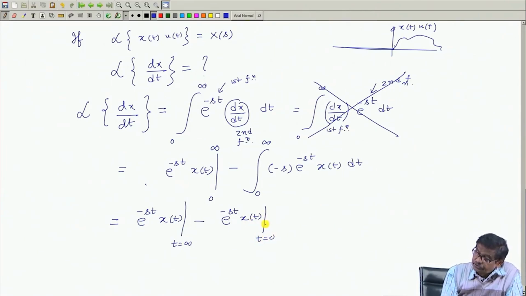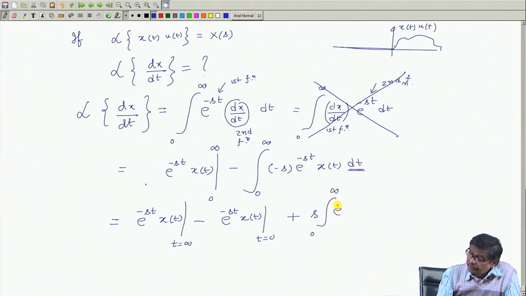This will yield these two terms and this will become s. This s can be taken outside because you are integrating with respect to time. So, this will become 0 to infinity e to the power minus st x(t) into dt. This will be the thing.